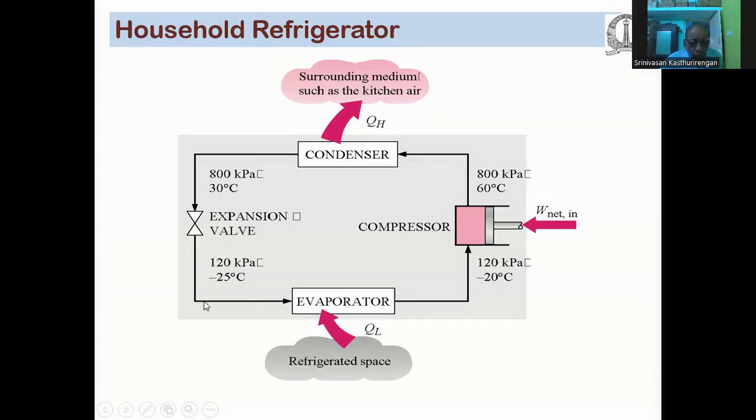That cold fluid passes over the evaporator, which is inside the fridge, wherein your objects are all kept for cooling. It cools the objects and gets warmed up, then comes back as 120 kilopascal vapor at minus 20 degrees and enters back into the compressor. It warms up and comes back to room temperature in the compressor.